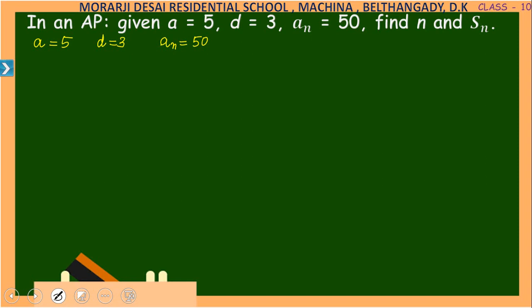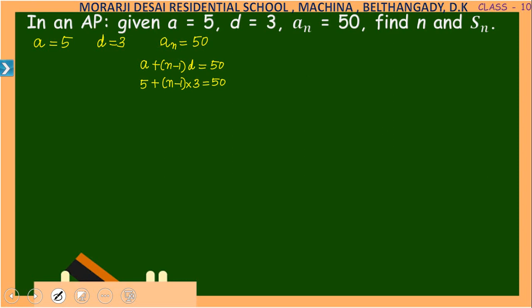See, an is equal to a plus n minus 1 into d, that is 50. Now what is a? a is 5 plus, we don't have n, keep as it is, into what is d? d is equal to 3, is equal to 50.